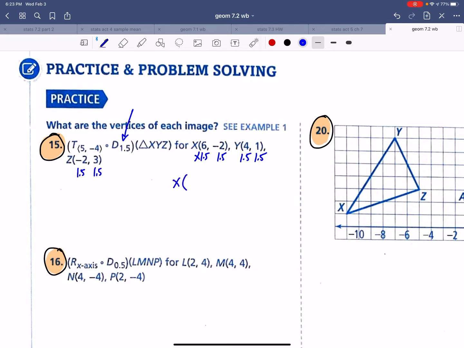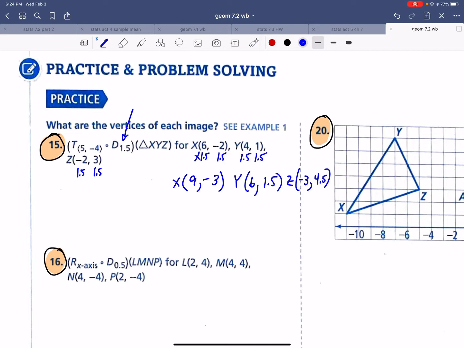So x would be 6 times 1.5, 2 times 1.5, 4 times 1.5, 1 times 1.5, and z, negative 2 times 1.5, 3 times 1.5, so 4.5.